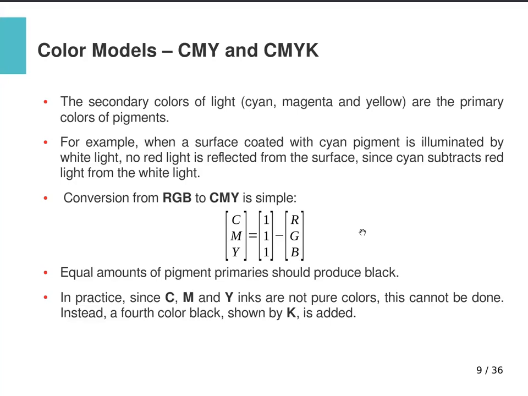Adding cyan, magenta, and yellow in equal amounts is not usually pure black, but a muddy brown. So in practice a fourth color, black, is added and is shown with K. That's why we have the CMY and CMYK color models. CMY only has 3 color components, while CMYK has an extra component for black.